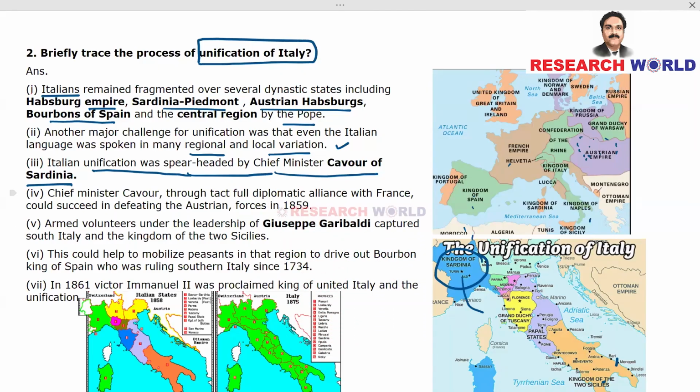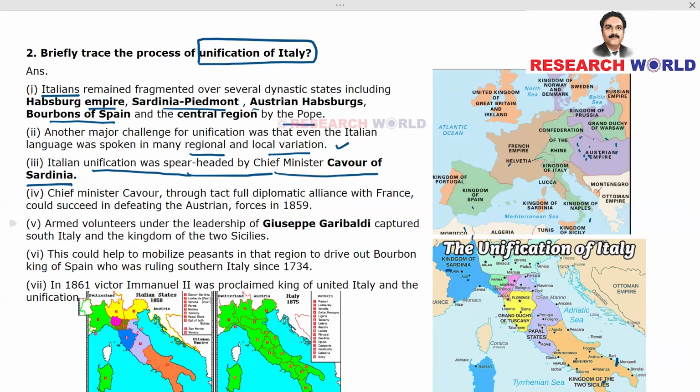Chief Minister Cavour, through a tactful diplomatic alliance with France, as the Kingdom of Sardinia shares its border with France, succeeded in defeating the Austrian forces. These Austrian forces were defeated in 1859, so that they could liberate places where Italians lived.